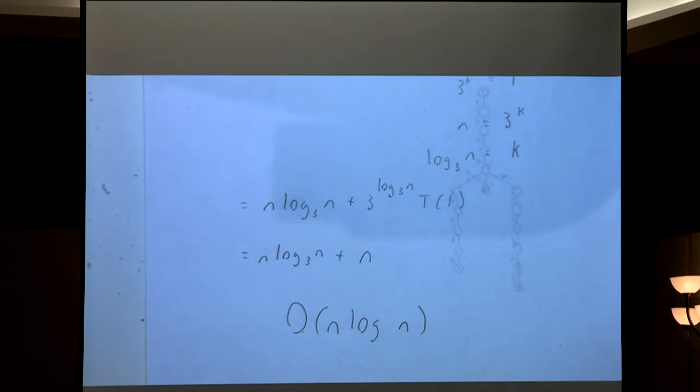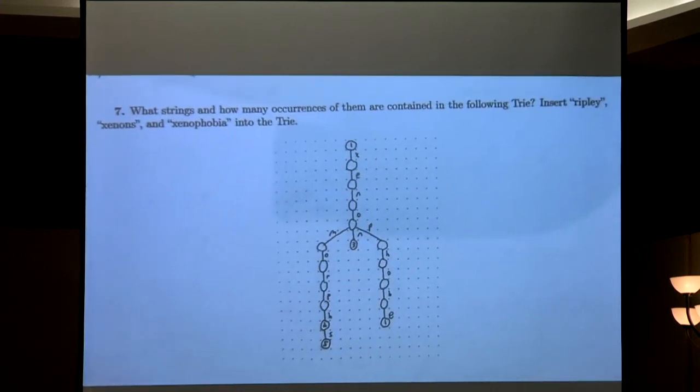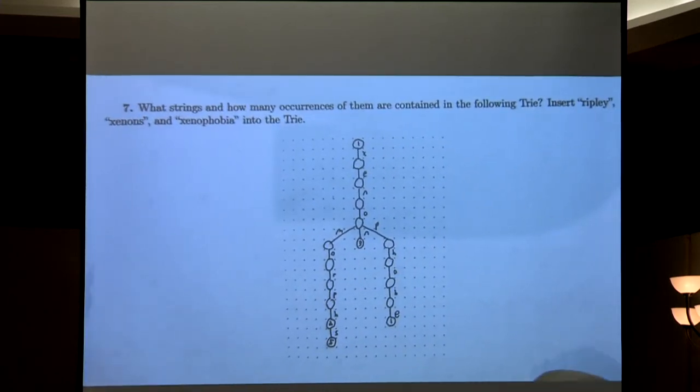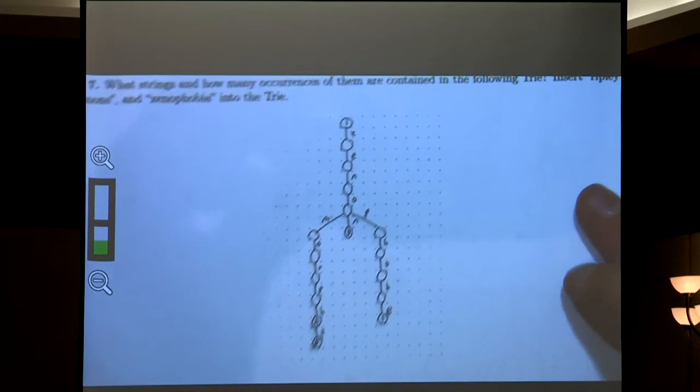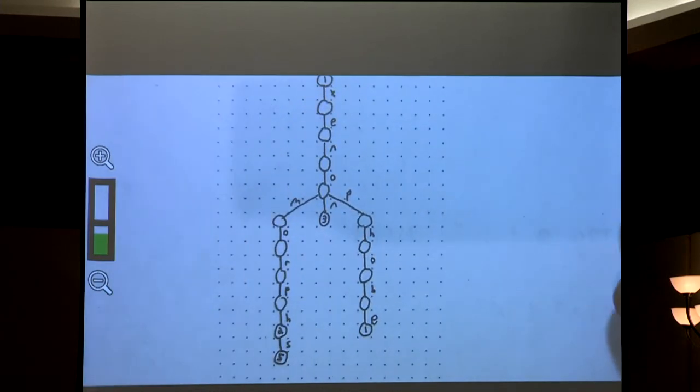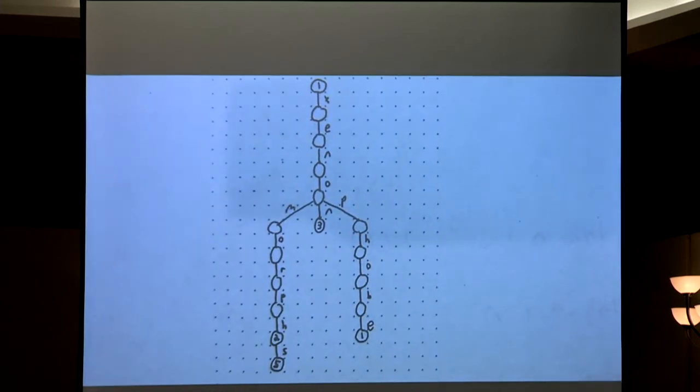Okay. I have one problem left. It's just a pretty basic trie problem. So I've got a trie. I guess I'll zoom in more for you. What strings are in the trie?